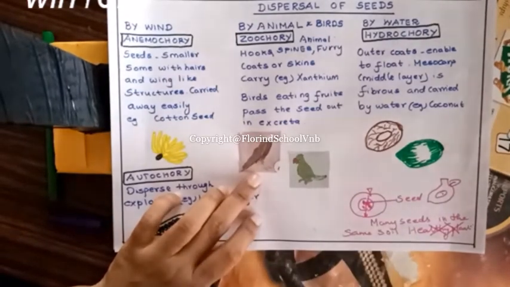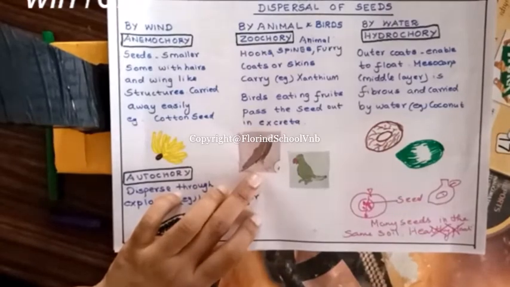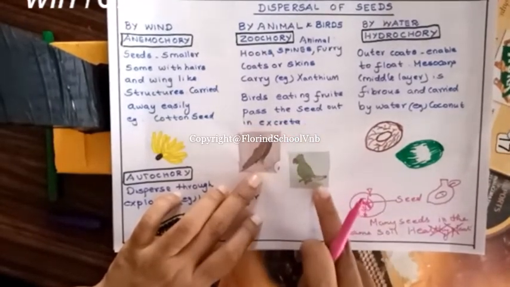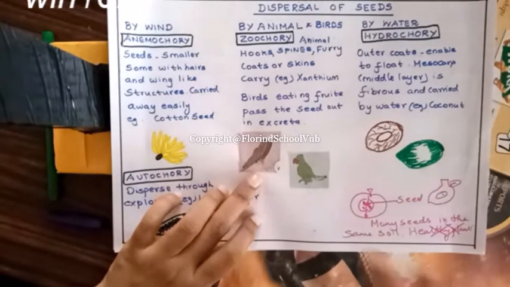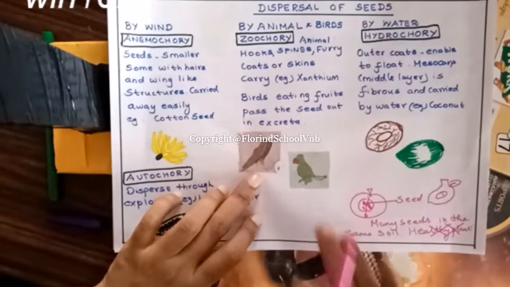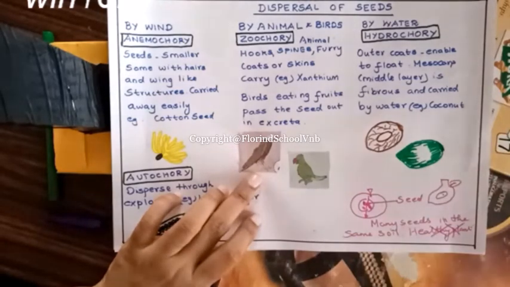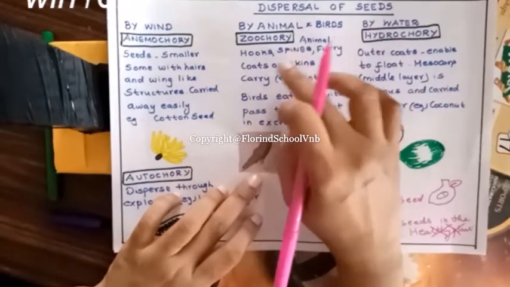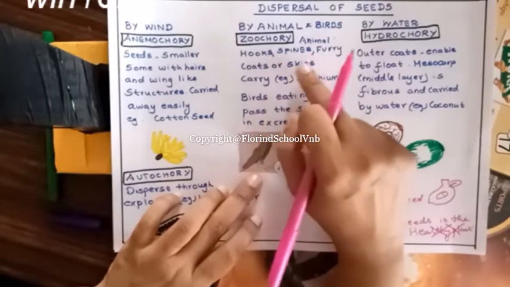A parrot eats the fruit, and the seed comes out as excreta, and then the seed travels to another place, and new plants arise in that place. So dispersal of seeds by animals is called zoochory. Zoochory: hooks, spines.